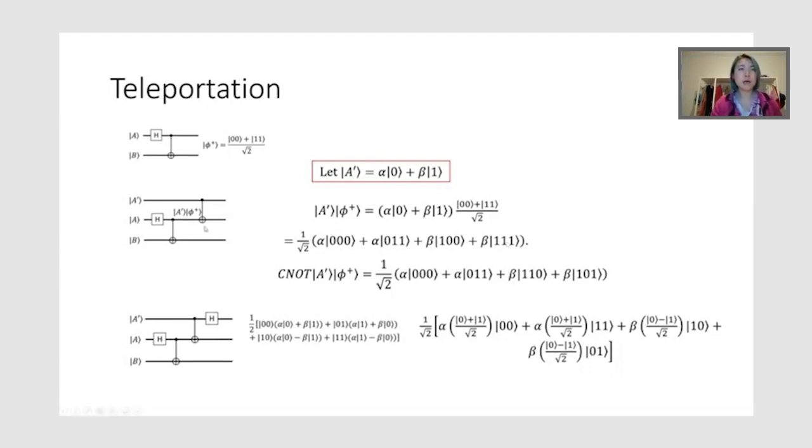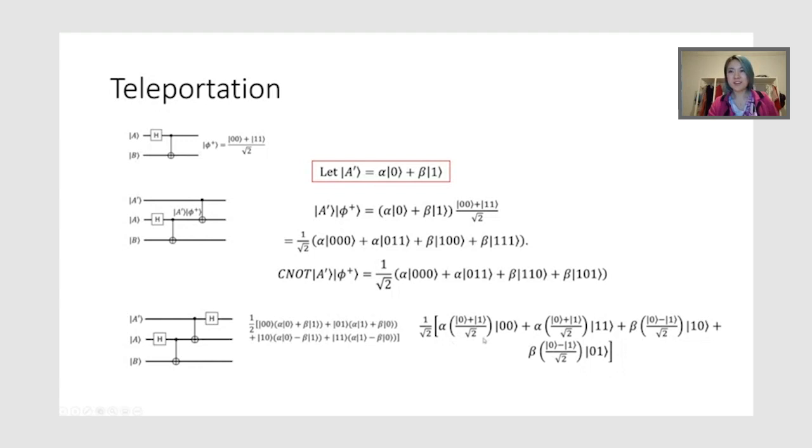Now you want to entangle Alice's 2 qubits, which are the first qubit and the second qubit. You do a CNOT there, which would apply to the first 2 qubits and change the setup into this state here. And then you apply an H gate. So I should slow down. There's a lot of zeros and ones.